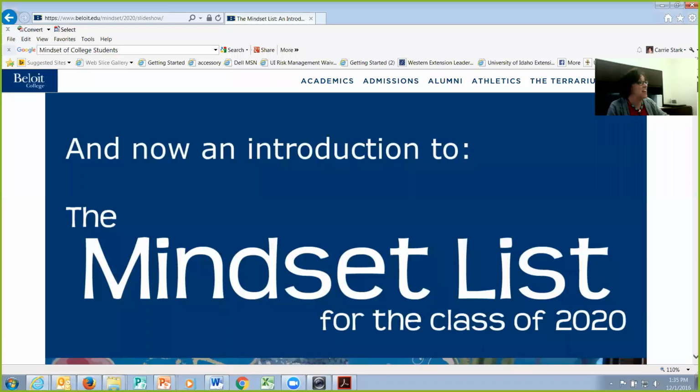I didn't realize that at Beloit College out of Wisconsin, I'm not sure exactly how you pronounce it, every year for the incoming freshmen they put together this list of what the mindset of that college student is. So the class of 2020 is heading into their first year of college, and they're almost all 18, and they were born in 1998.